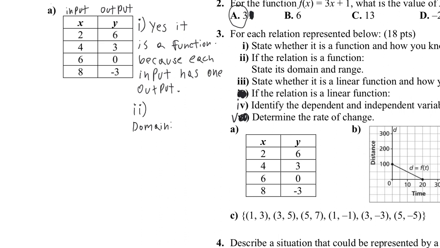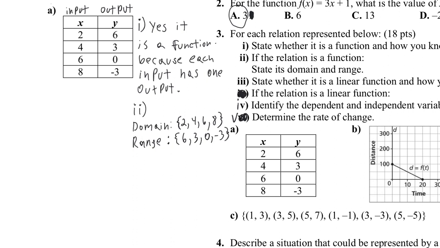So in this situation, make a bracket: 2, 4, 6, and 8. And then there's our domain. Our range is just going to be the values of y. So in this case, 6, 3, 0, -3. And the range is done.